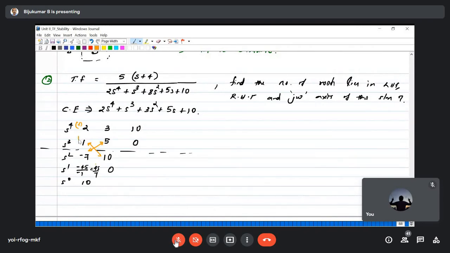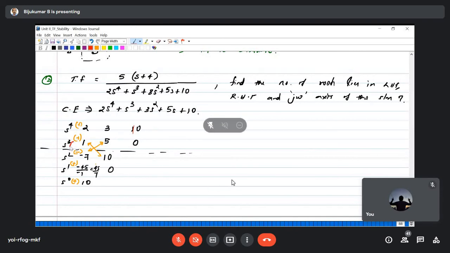So this is positive, this is positive, but you can observe a sign change here. This is minus, again this is plus, this is also plus. So how many sign changes are there? 2 sign changes, right?